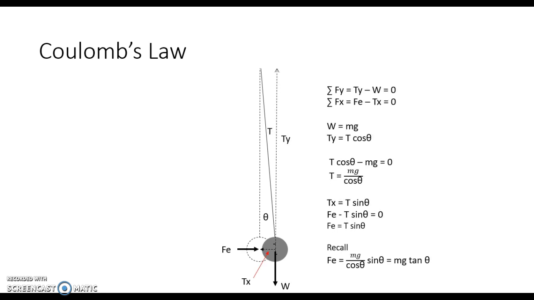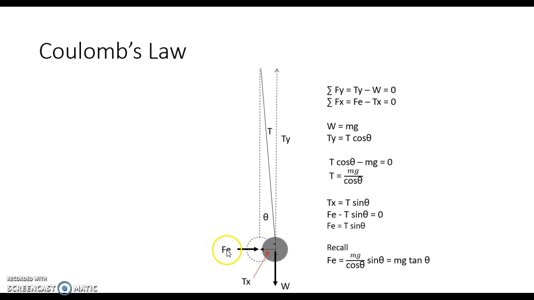All right, so now if we look at the free body diagram for such a scenario where the ball has been deflected by a very small angle, in order for the ball to move over to the right side here, there must be some sort of electrostatic force that's actually pushing the ball in that direction.